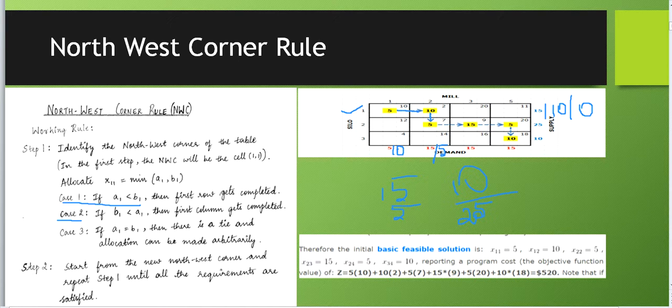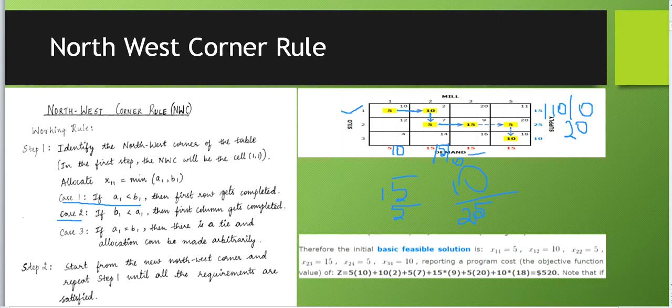So 5 minus 5 gives me 0 here. Next, 25 minus 5 gives me 20. I write down 20 here. Then, since your demand value was less, according to the rule, you have to move horizontal. So I move horizontal.